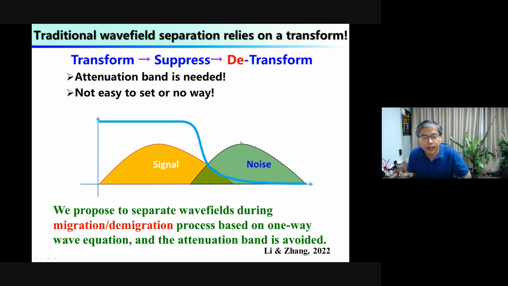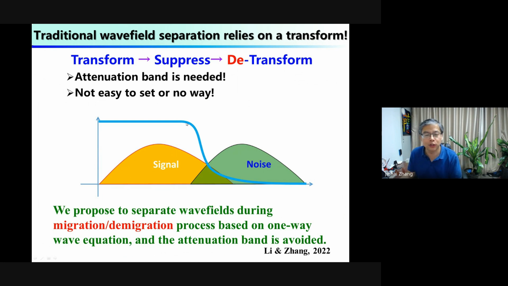However, for low pass or high pass filtering, we have to set up a boundary here. The boundary should not be too sharp. It should be smooth between the signal and the noise. Otherwise, we will introduce some dips phenomena, that is, strong artifacts.